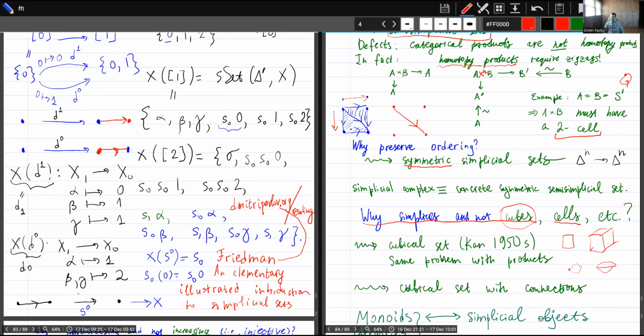Of course, you can try to rectify this problem by introducing a new monoidal structure, which will simply say the product of a P simplex and a Q simplex is a P plus Q simplex. So you would just postulate that a P-dimensional cube and a Q-dimensional cube will be a P plus Q dimensional cube.